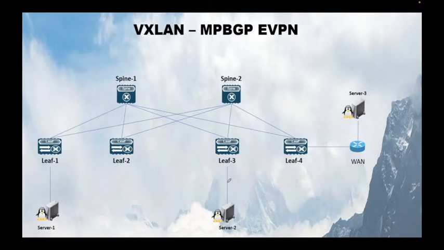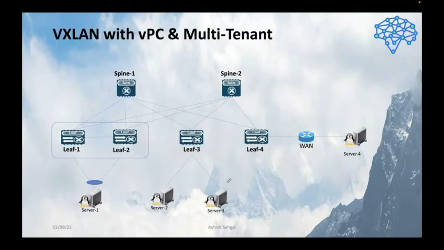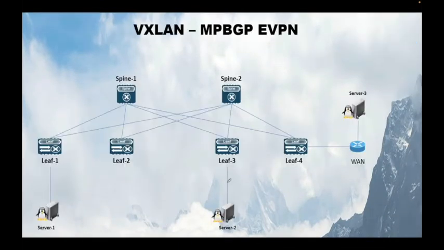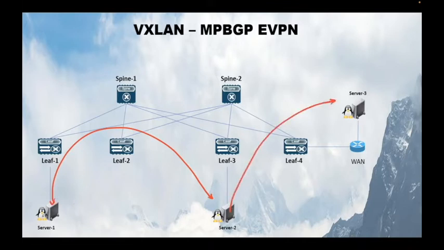This is the one lab and this is the other lab. We are going to do two labs wherein we will make sure that the servers inside the fabric and the servers outside our Vxlan network should be able to talk to each other.